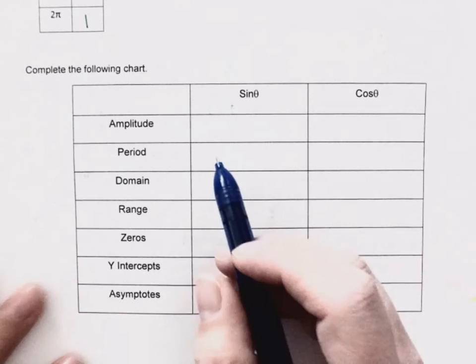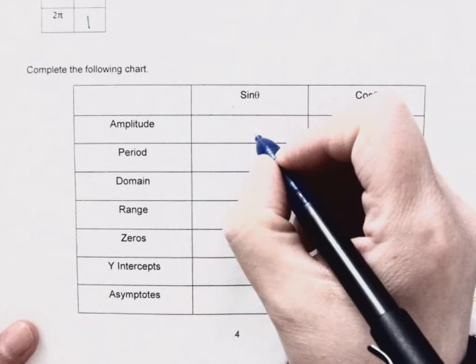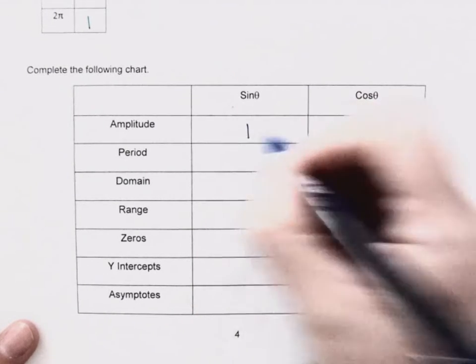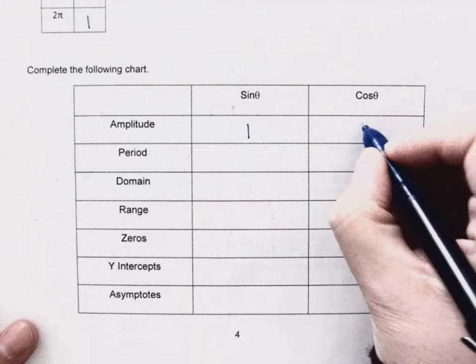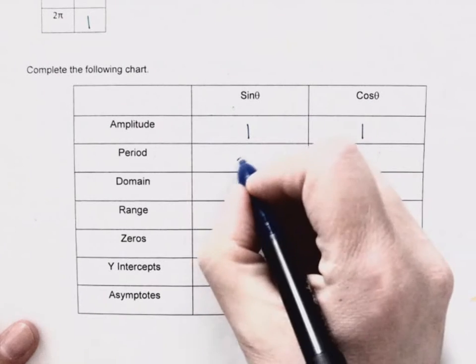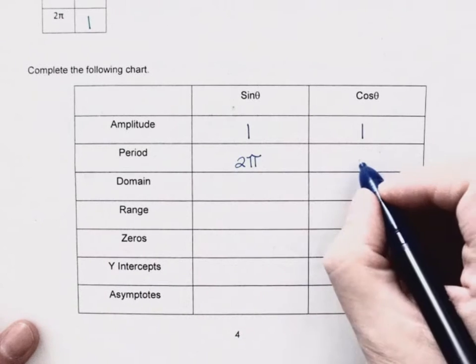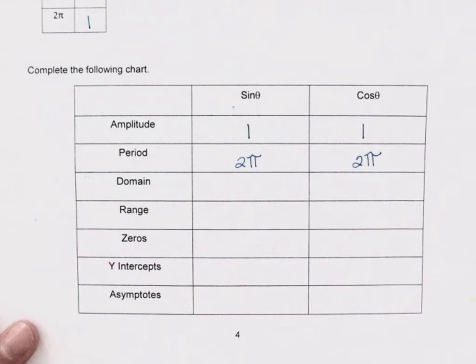Okay, amplitude of the sine graph. 1. Amplitude of the cosine graph. Also 1. Period. 2 pi. Period of the cosine graph. 2 pi. Domain. Not the restricted domain.